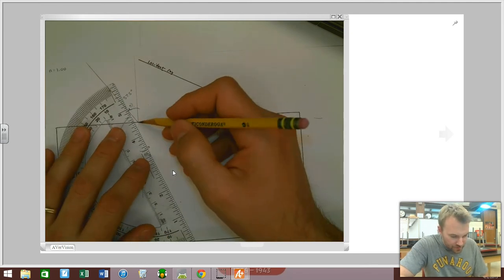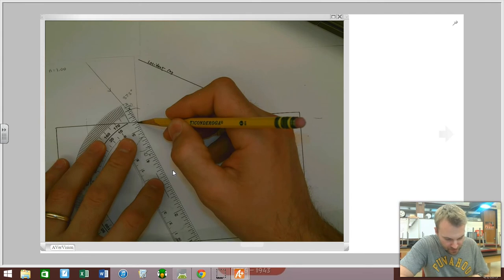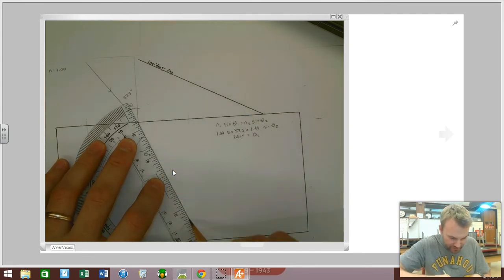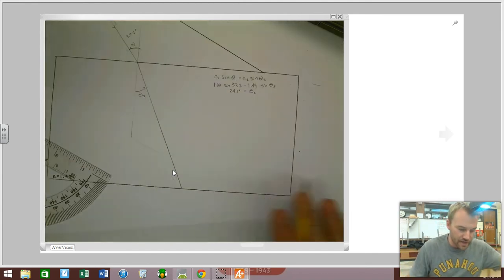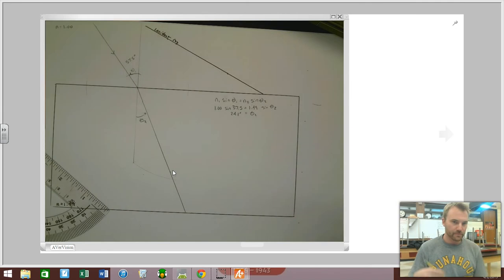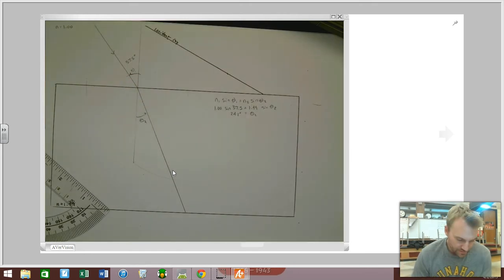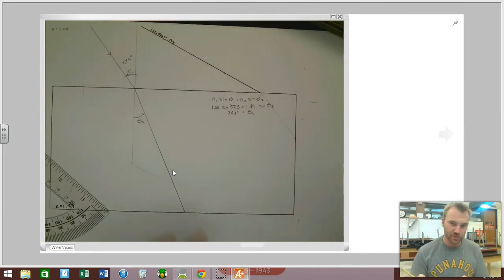So then I draw my ray through here, and I make sure I draw it straight until it hits another boundary, the other side of my prism. And now I repeat the process all over again. I continue drawing rays until it hits the other side. So this one, my guess is it's probably going to bend through and hit somewhere over here.